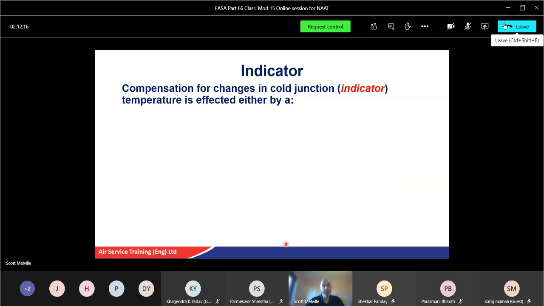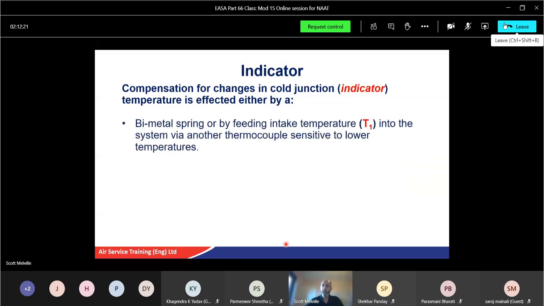Compensation for changes in the cold junction: an indicator's temperature is affected by a few different things. You can have a bimetallic spring, or feed intake temperature, T1, into the system via another thermocouple sensitive to lower temperatures. So we've got to compensate for different temperatures. If you disconnect the gauge, that will cause it to indicate the ambient temperature at that time.